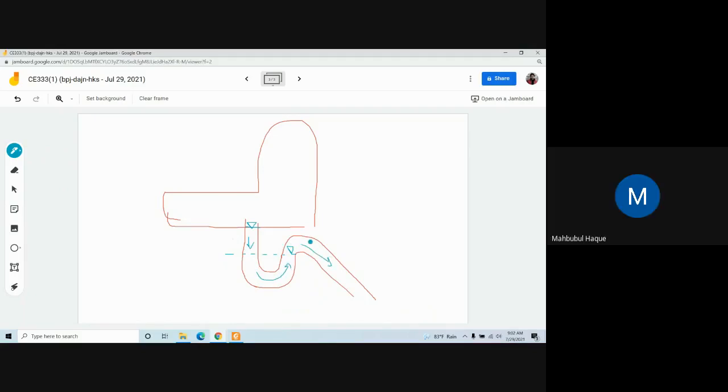And when the flush water is done with flushing, then the water level will be here. Am I right?